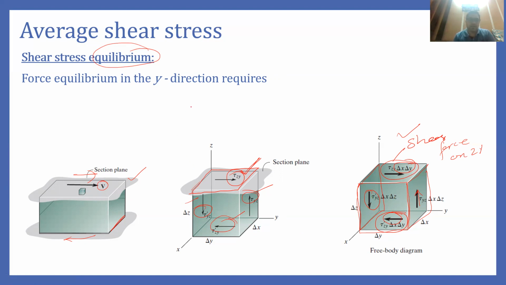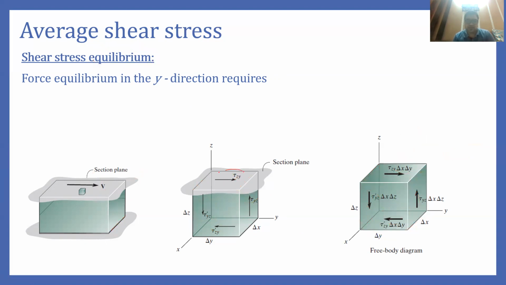Why are we applying this? Because we want to know the magnitude on these surfaces. Is tau zy equal to tau dash zy? That is what we want to know. Similarly, is tau yz equal to tau dash yz? We want to verify it by applying the equilibrium equation.